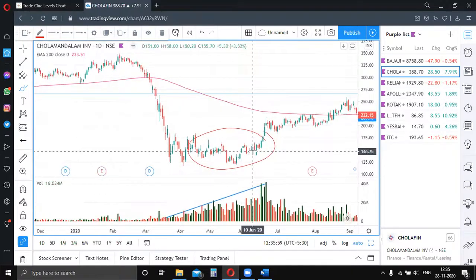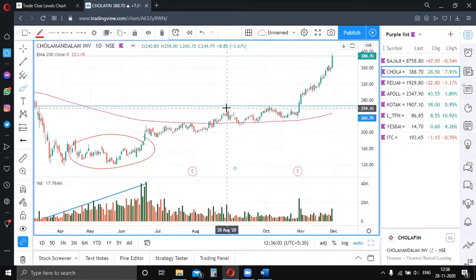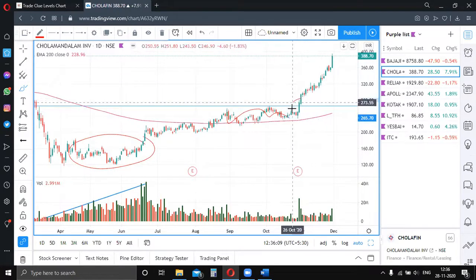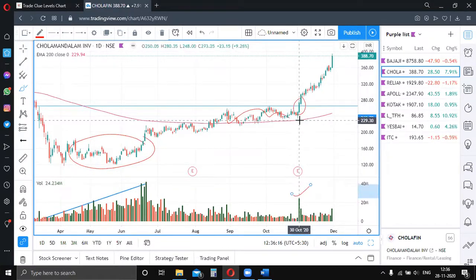And as soon as you get a clear breakout, it then started moving around in a zone. What I found, as soon as I am getting a clear breakout along with the backup of good volumes from all the clusters and the price is above the 200 moving average, the chances are very good that you will see a very good follow-up buying.